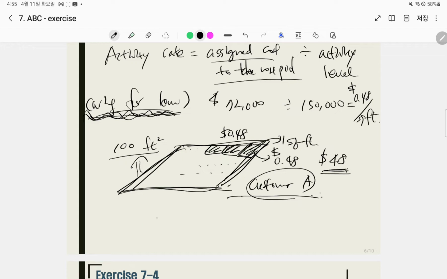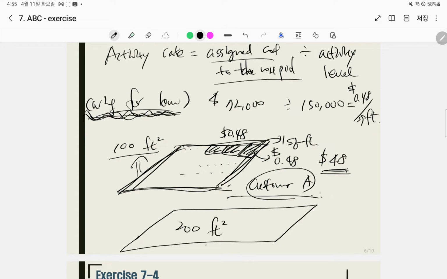And let's say that there is another customer with, for example, 200 square feet, then you incur $96 of caring cost per lawn. How is this number computed? The activity rate times the activity measure, 200 square feet.